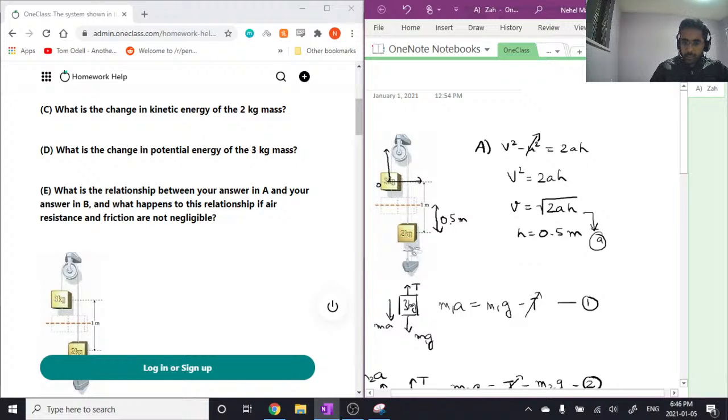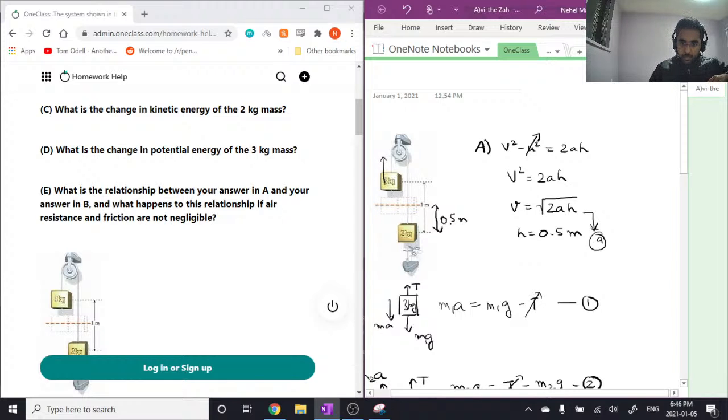The other way you can do it is if you define the coordinate system instead like this. If this is your coordinate system, sorry, y and x, then you're saying that initially the body had some potential energy, but when it falls down to this side, it has no potential energy. So you can do it either way.